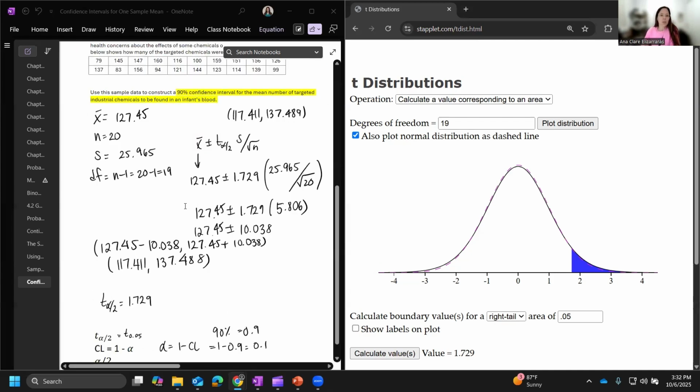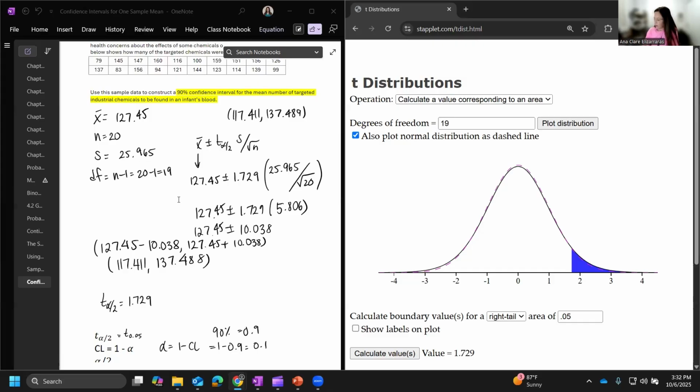Being able to interpret this is key. So the way that we would say this is we are 90% confident that the interval 117.411 to 137.488 captures, what are we talking about?